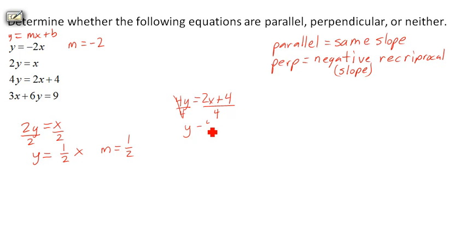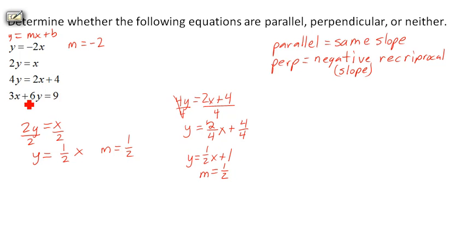So this will be 2 over 4x and then plus 4 over 4. Reduce those, and what we get is y equals 1/2 x plus 1. So here the slope is 1/2.